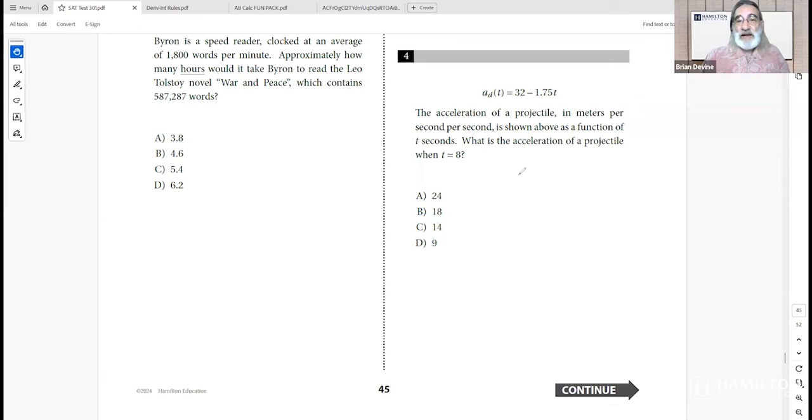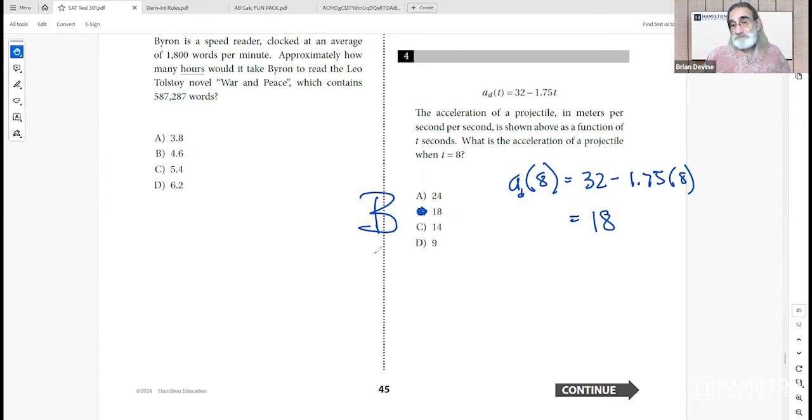So we want A of 8, which is going to be 32 minus 1.75 times 8. In a calculator, that comes out as 18. So I trust it. You trust it. 18 is the answer, B.